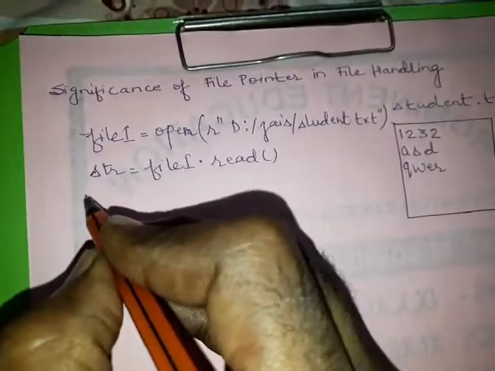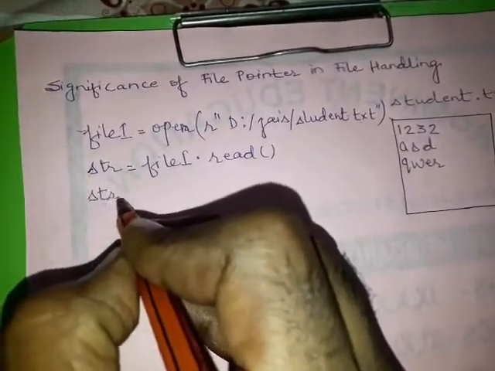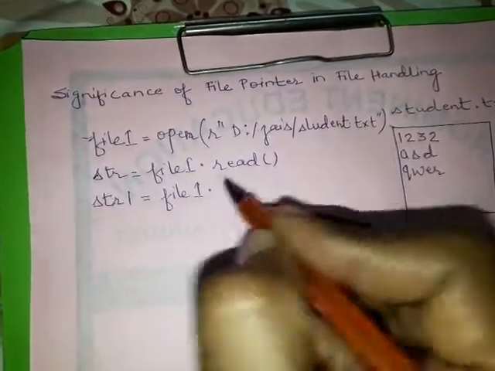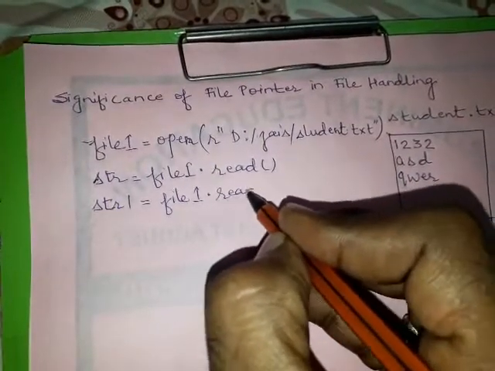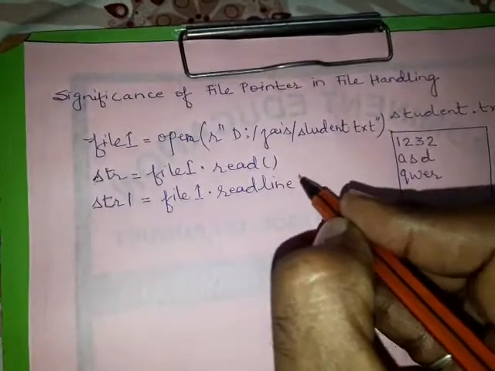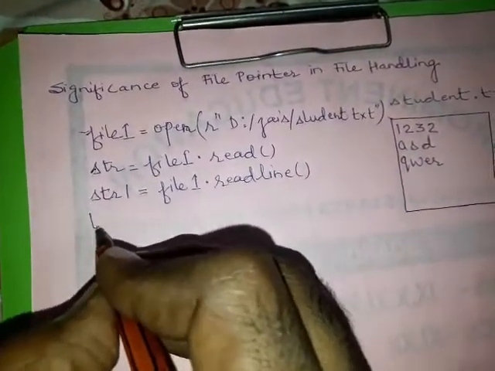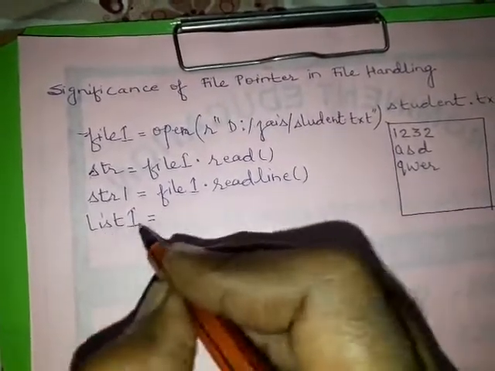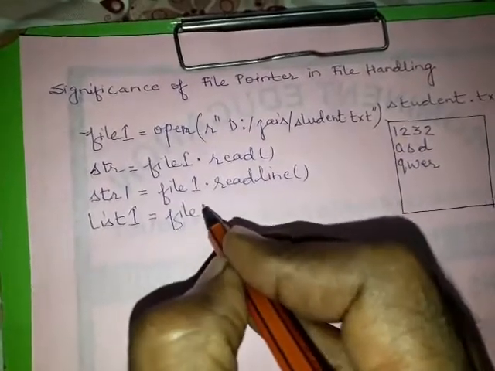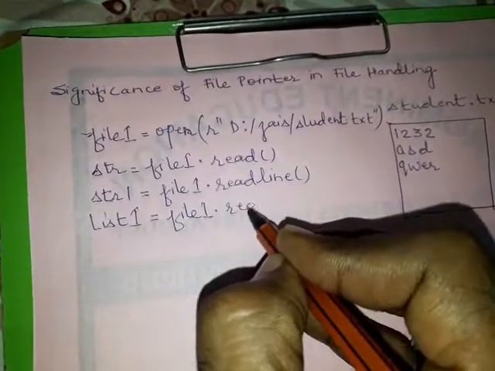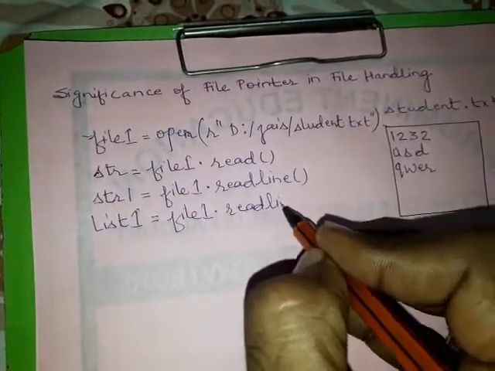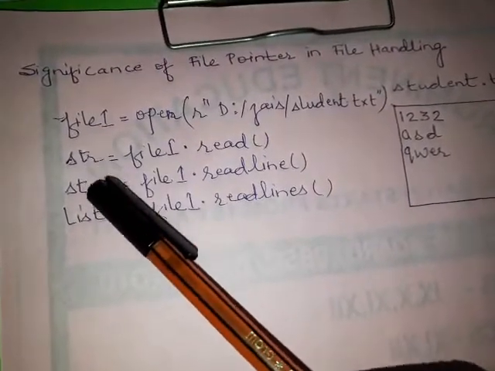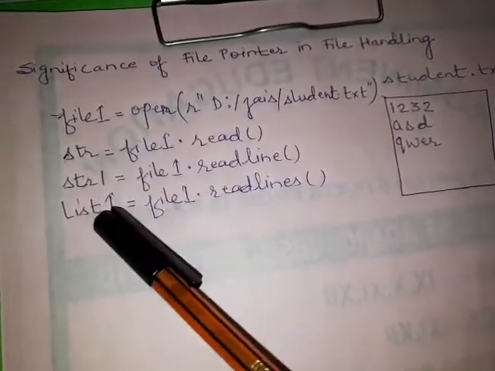Then again I am using another variable str1 equals file1.readline, and last I am using a variable of list type, list1 equals file1.readlines. Now I will print all these three values: str, str1 and list1.